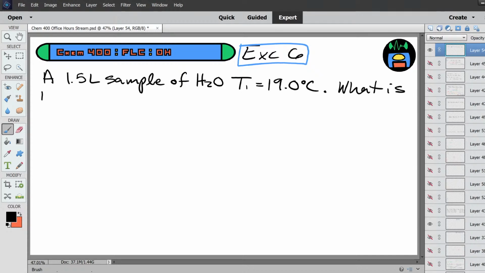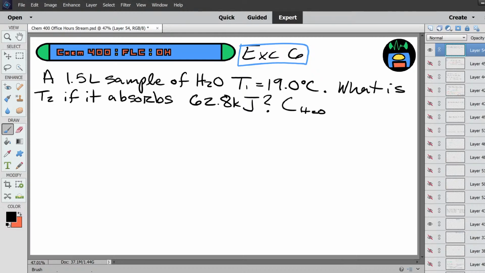What is our final temperature if it absorbs 62.8 kilojoules of energy, and they give us a specific heat of water of 4.184 joules per gram degrees C.